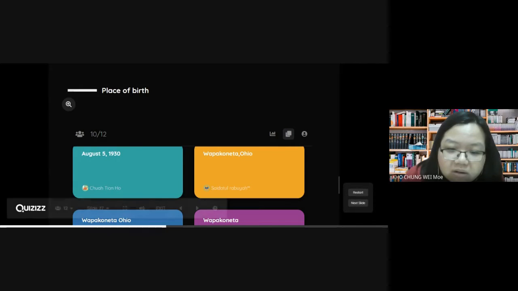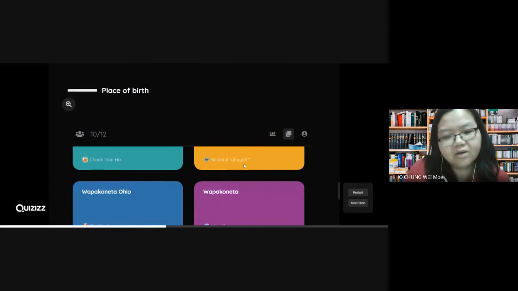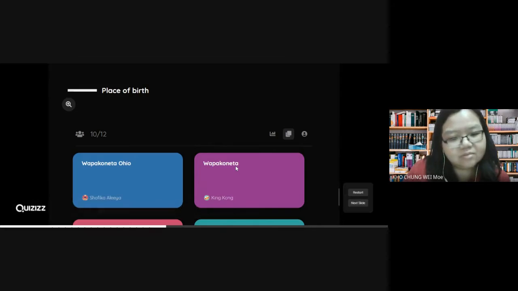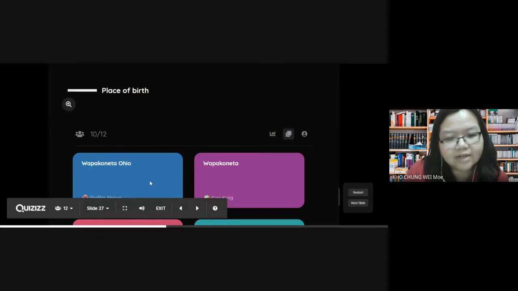Okay, Rabuya, yours is correct as well, except for the spacing. That's why you got it wrong in the quiz just now, but actually it's correct. You just missed out the space. Shafika, okay, your problem is the comma is missing. But basically, I can accept this answer as well. It's correct.